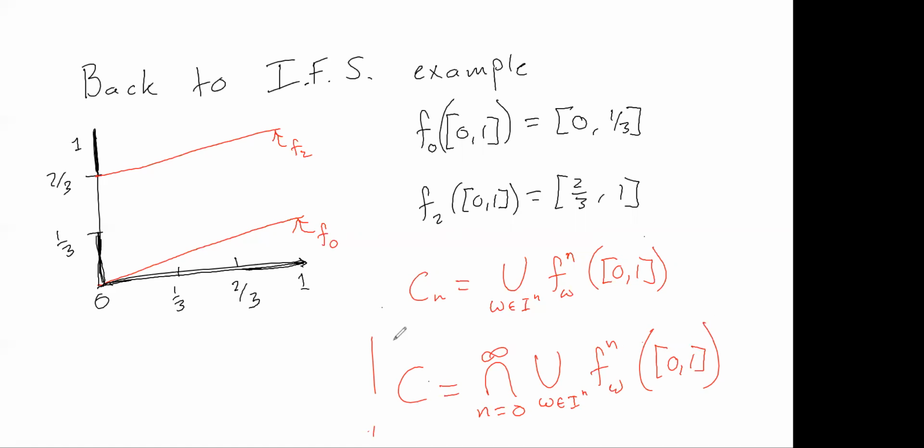Basically, using this formula, we can replace the functions in our example with any function as long as it's a contraction, and define a new set using the exact same expression here. And usually under some conditions, this will turn out to be a fractal also.